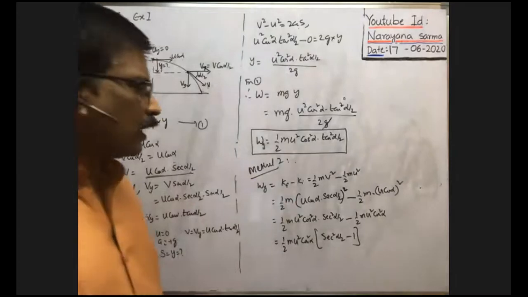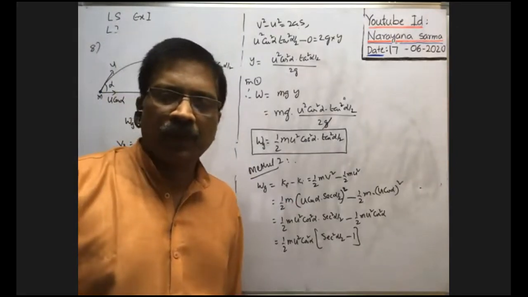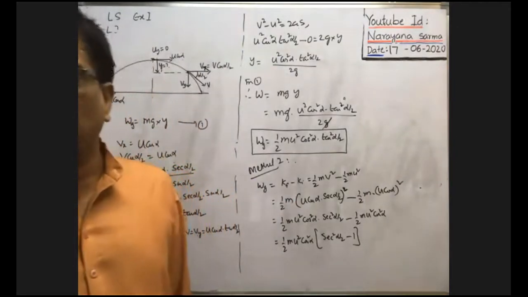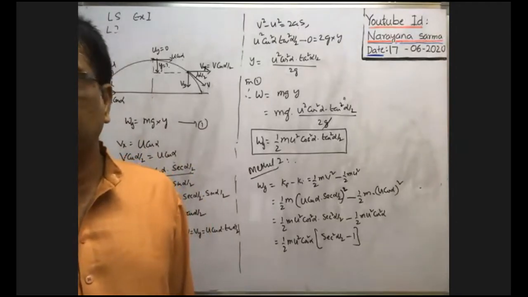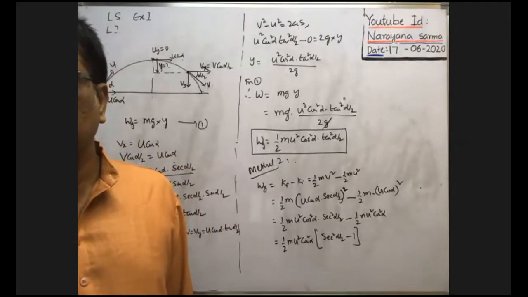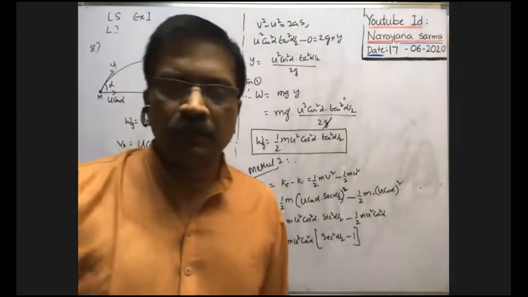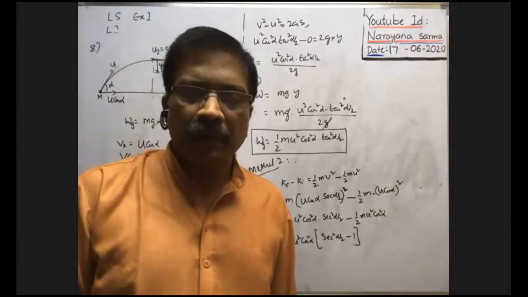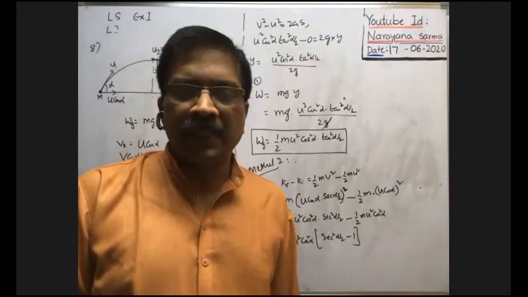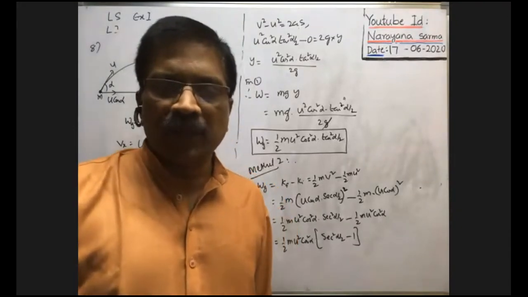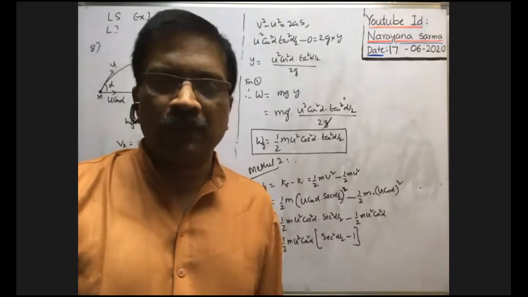What is secant square alpha by 2 minus 1? Tan square alpha, no?